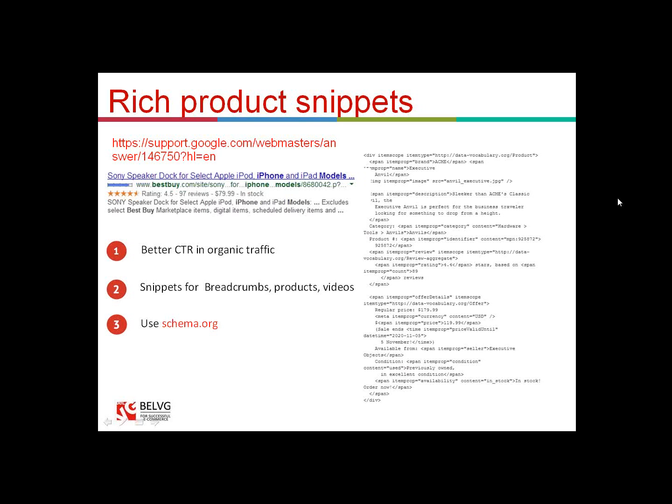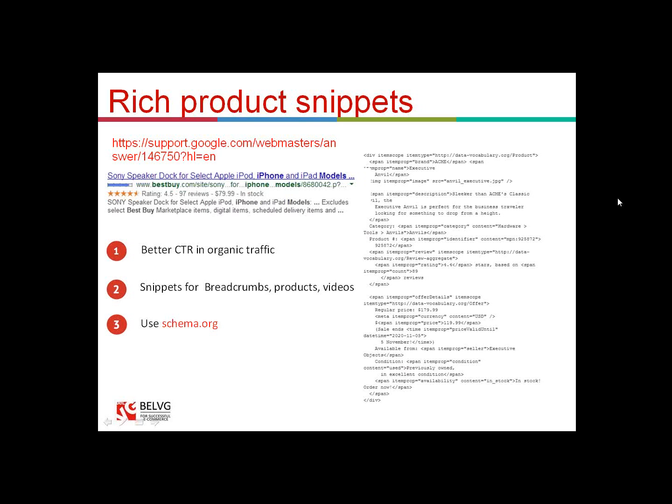Rich product snippets are something that I also definitely advise you to do, although they don't affect your search engine optimization in any way. Descriptions are not a ranking factor, but they influence the click-through rate in the organic search results.